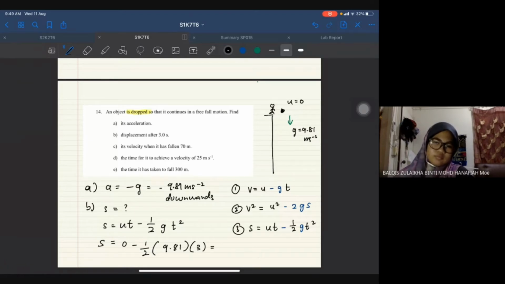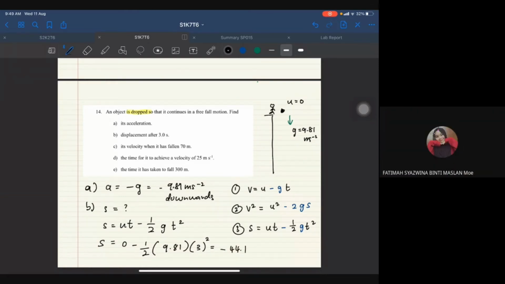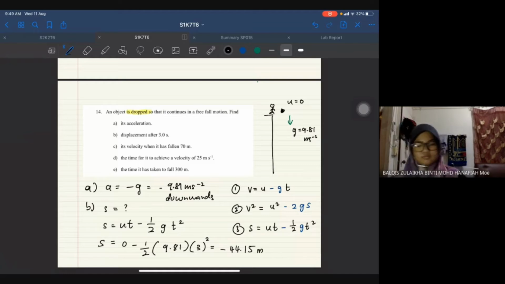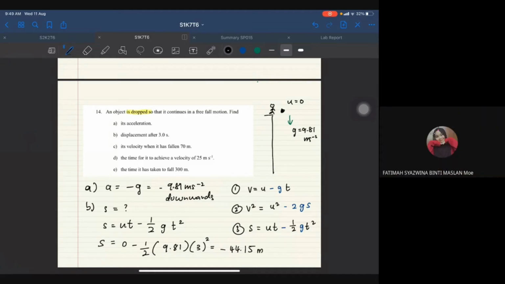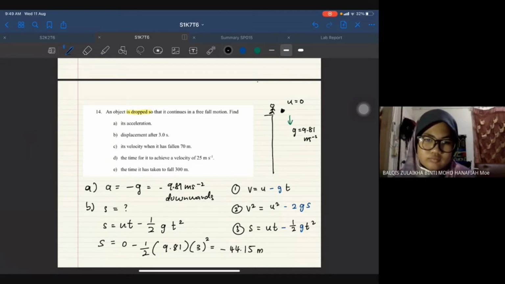So s becomes negative. There is a square here; I myself often forget. So I get 44.15. Did you get the same answer? Yes, sir. So you end up with a negative, right? Yes. What does the negative mean? Downwards.